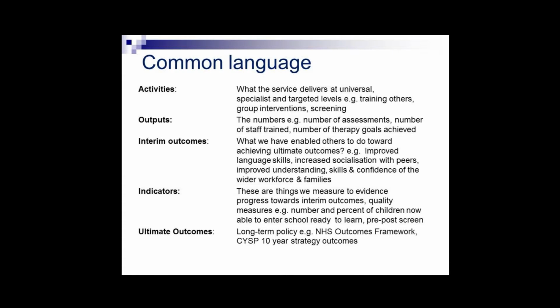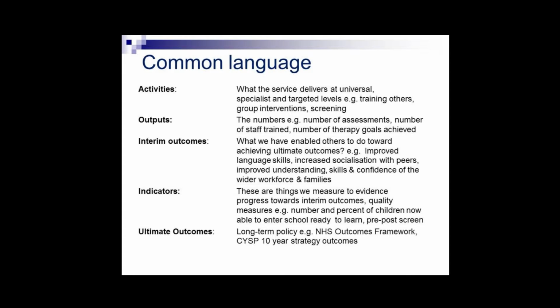Now, the ultimate outcomes, how we're describing them today is we're thinking about long-term policy outcomes. So that might be the NHS outcomes framework or the Children and Young People's strategy, 10-year strategy which is used in Northern Ireland. These are the ultimate outcomes as described at a policy level.